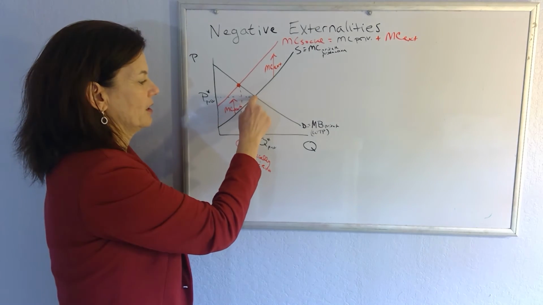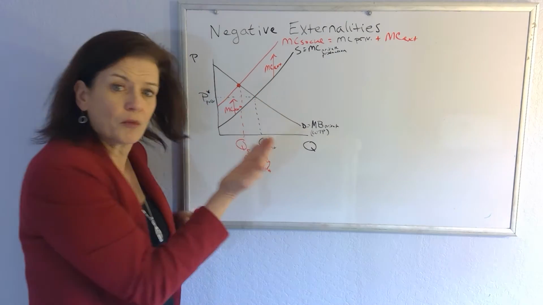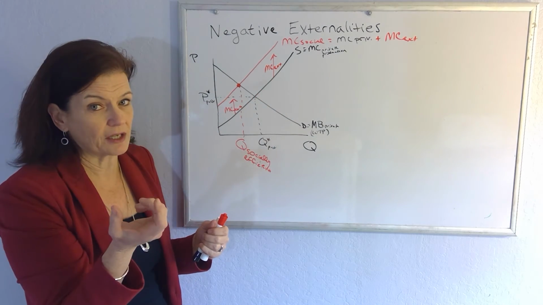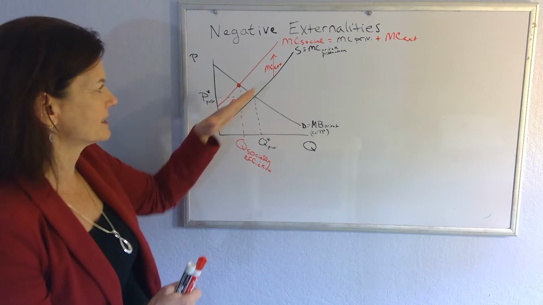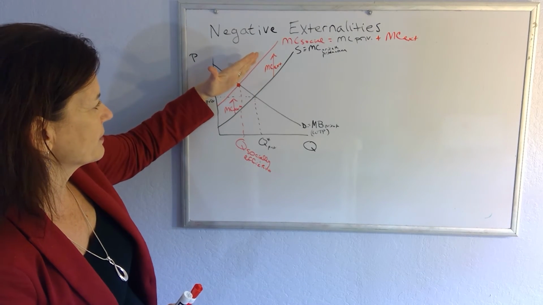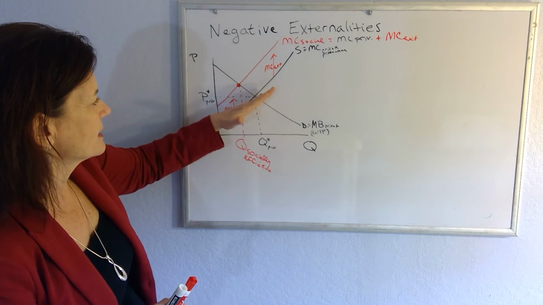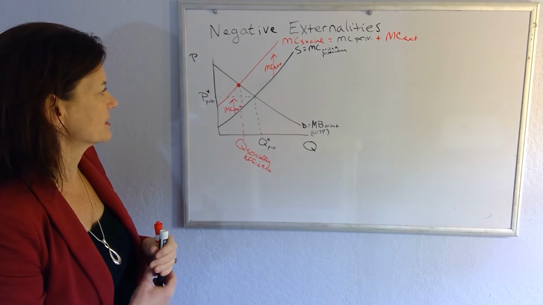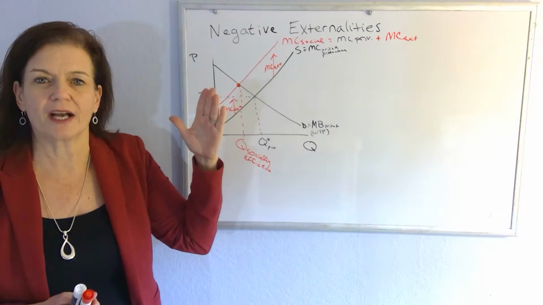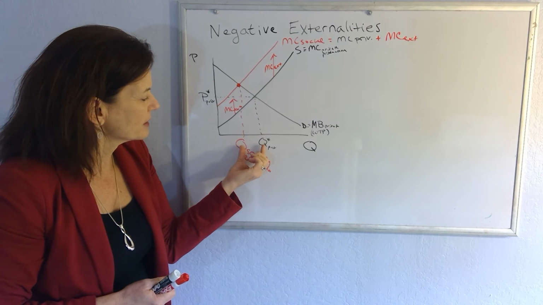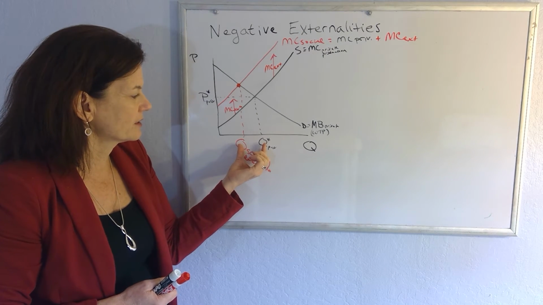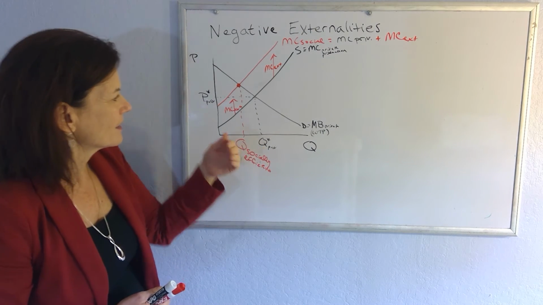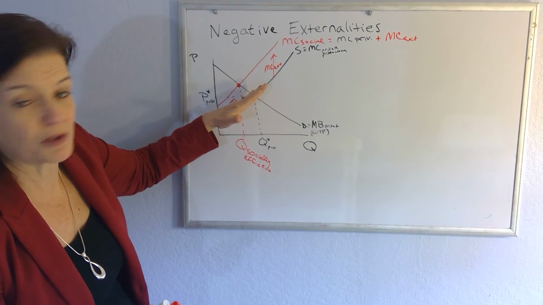So you leave the market alone and it would produce here, which would be efficient if this good didn't generate negative externalities. But because it does, the marginal cost is up here. And so we have the true marginal cost to society. These units from Q socially efficient to Q star private are worth more to consumers than they cost producers to make.